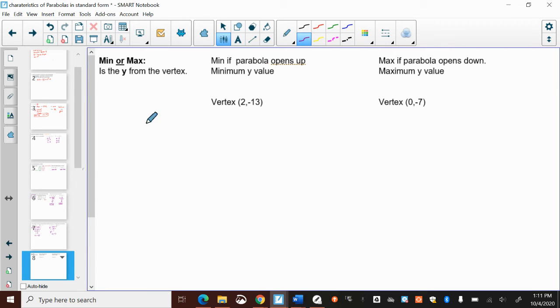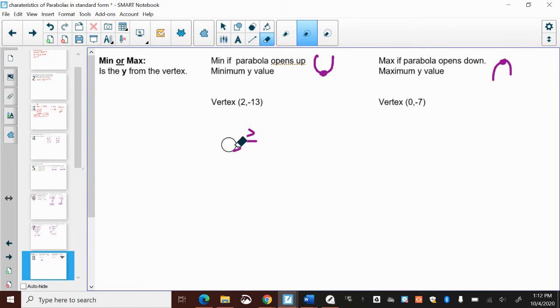Max and min is the y from the vertex, just like it was in the other format. We have a minimum, again, if the parabola opens up because the vertex is on the bottom. And a maximum if it opens down because then the vertex is on the top. We found the vertex earlier for the first equation to be negative 13. Since it is opening upward, it is going to be y is greater than or equal to, no, I take that back.